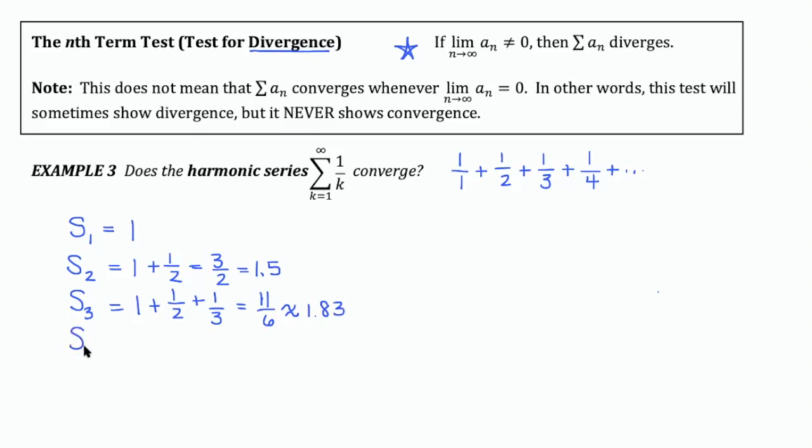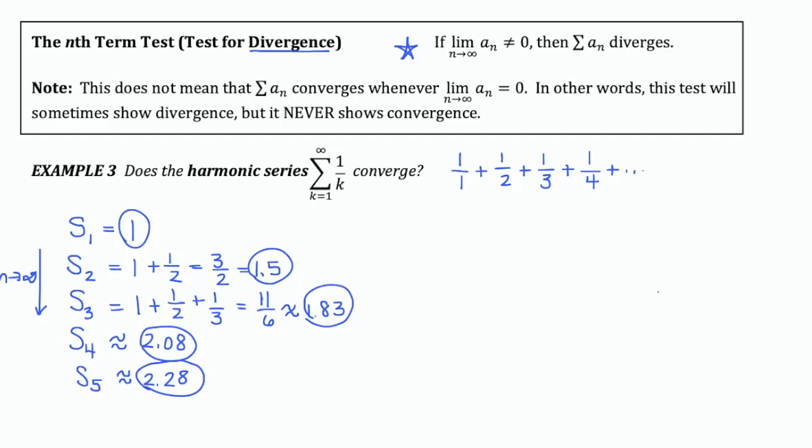Hopefully you understand the process now. I'm just going to skip to the values. S sub 4 should be approximately 2.08, and S sub 5 should be approximately 2.28. So as I let n approach infinity, what number are the partial sums heading towards?